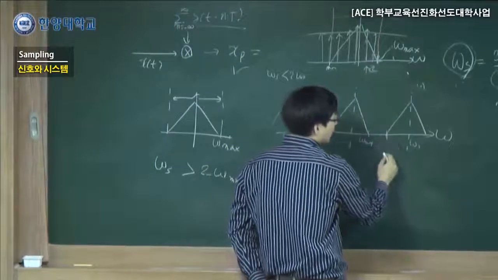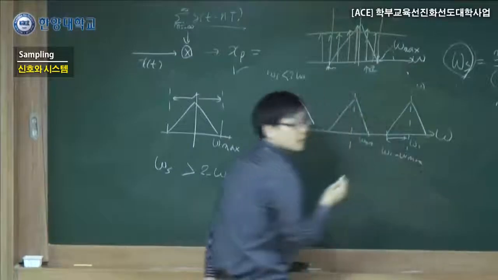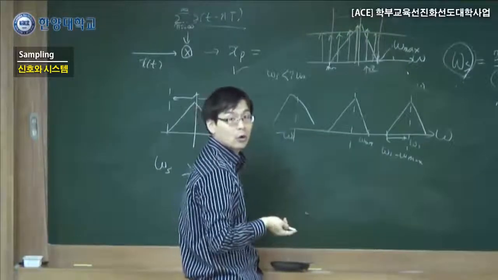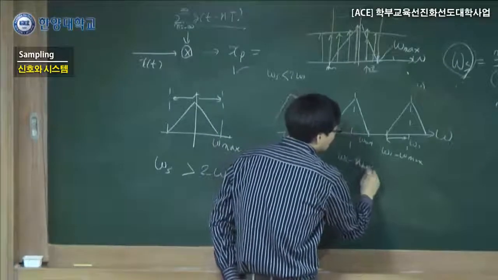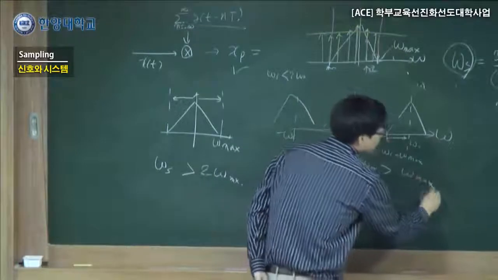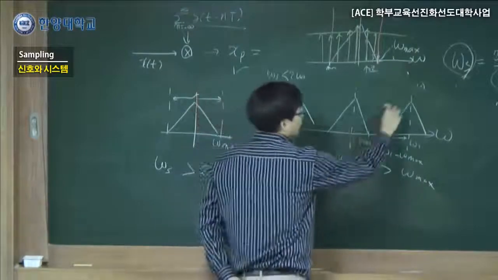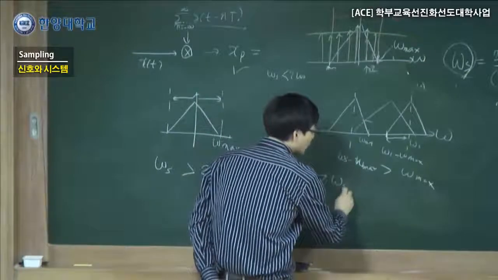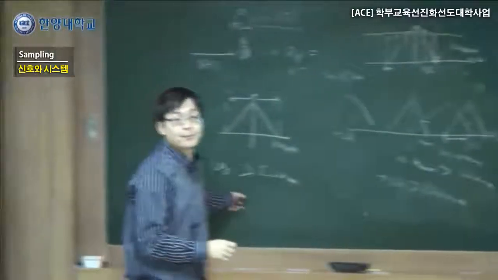This is their omega s minus omega max. Right? So to avoid overlapping, omega s minus omega max, this point, should be larger than omega max. Is that right? To avoid overlapping. When they begin to overlap, then the signal begins to distort. And after calculation, 2 times omega max, which is the same as here.